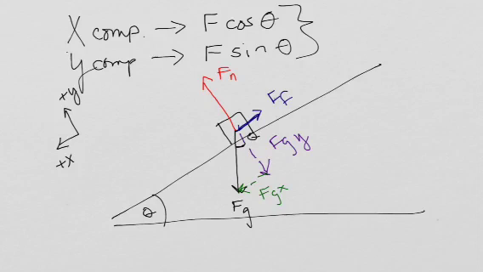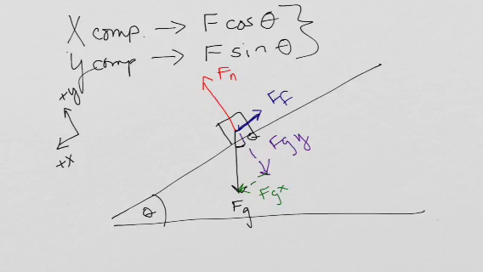Because FGY in this case is the adjacent over the hypotenuse, to find FGY you are going to use the cos of the angle. In order to find your FGY of this small triangle, that's adjacent to the angle, and you know your hypotenuse.